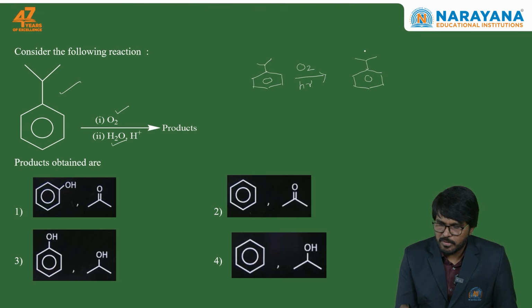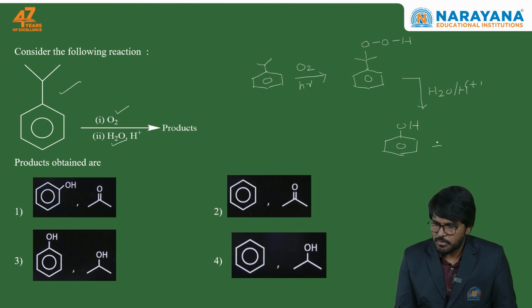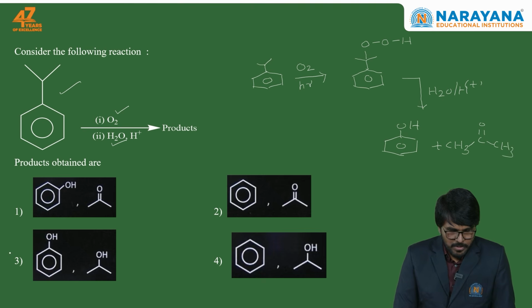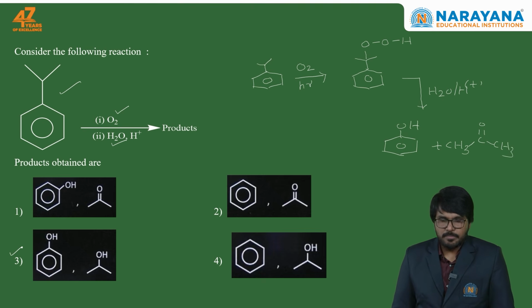The structure of this cumyl hydroperoxide will be this one. Later, when it is treated with water in presence of acid, it will give the final products: phenol, and another organic compound produced will be acetone, that is CH3, C double bond O, CH3. So phenol and acetone. So the answer to this question will be 3.